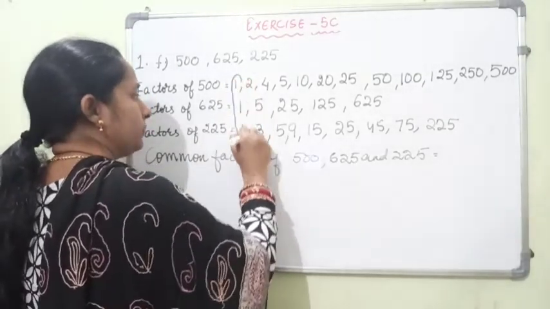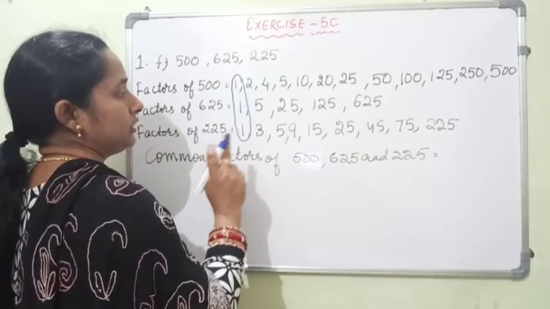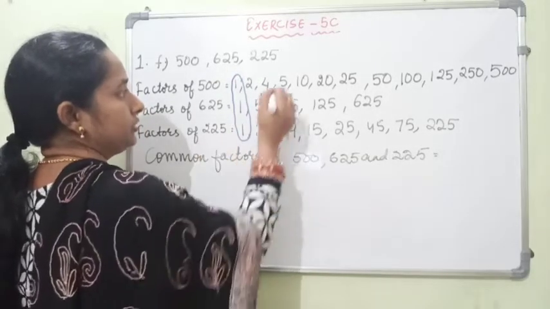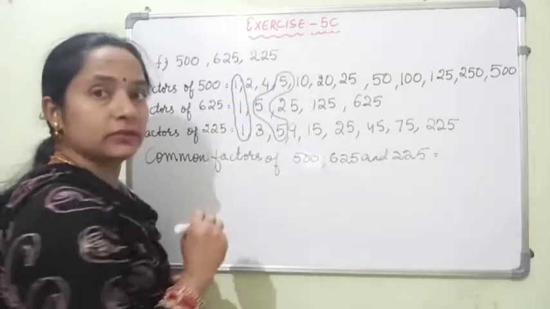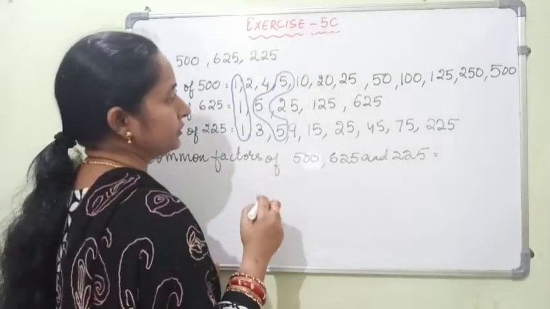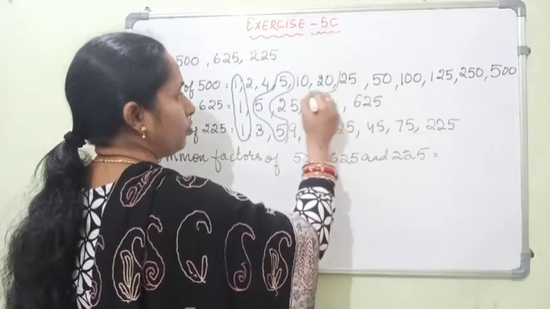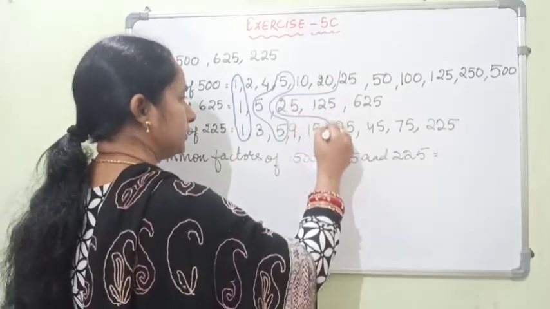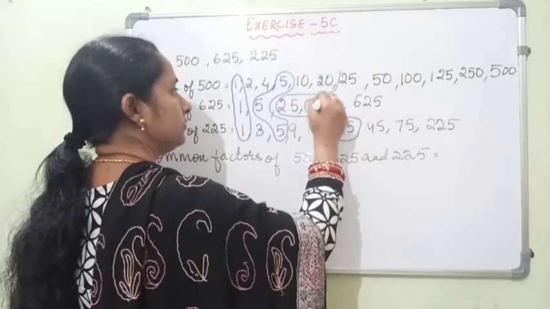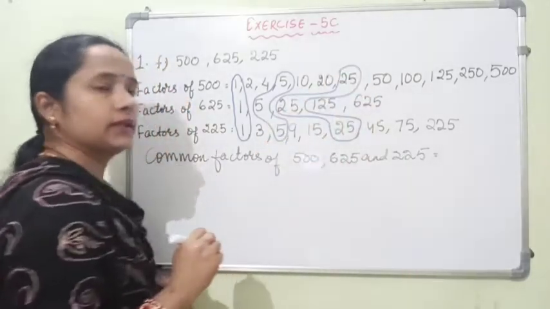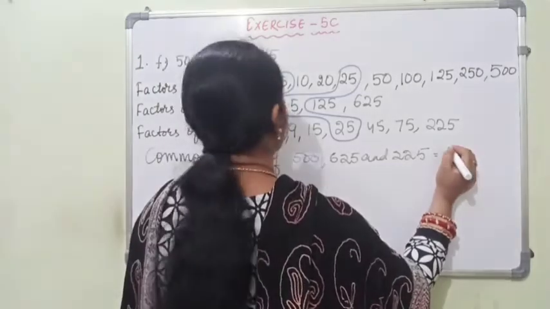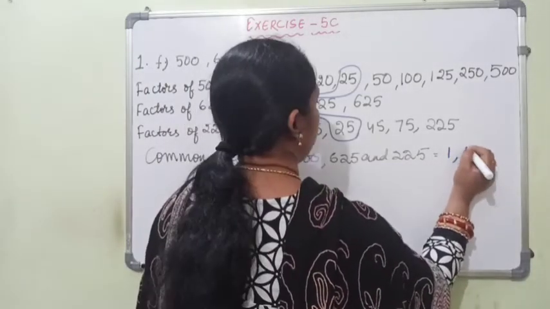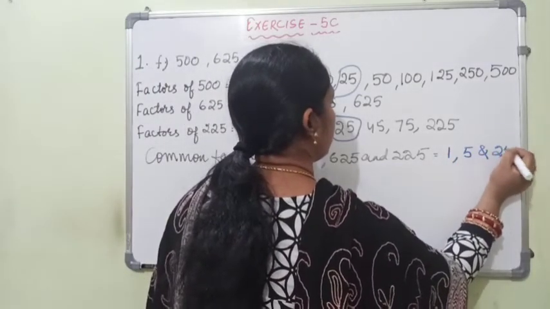So 1 is a common factor, isn't it? What is the other common factor? Just observe. Here we have 5 as the other common factor. Then what is the other common factor we have? We have one more common factor, that is the number 25. So the common factors we got are 1, 5 and 25.